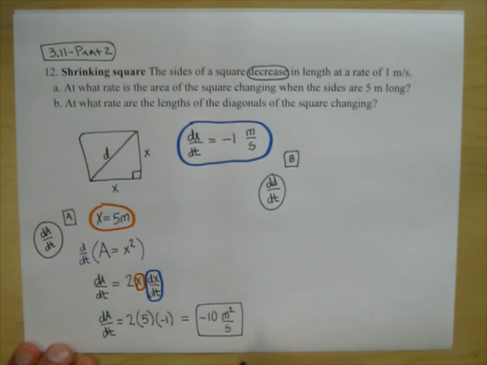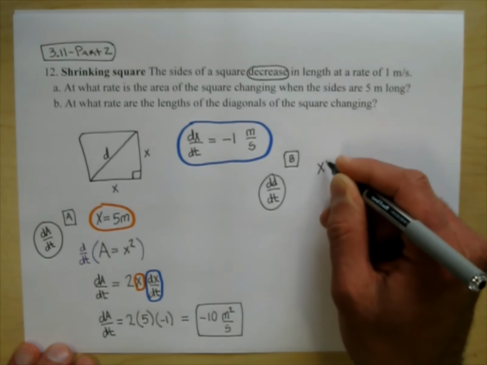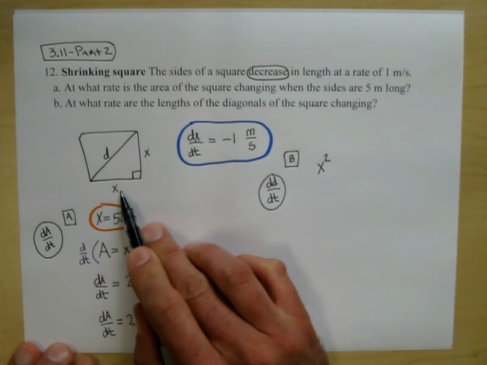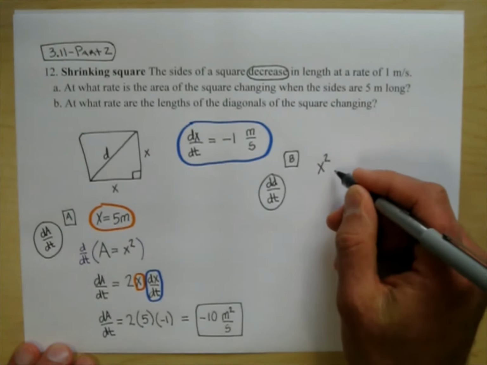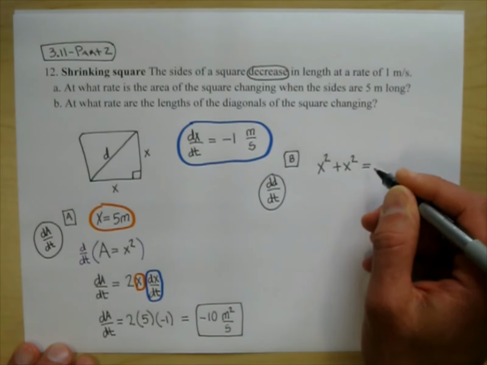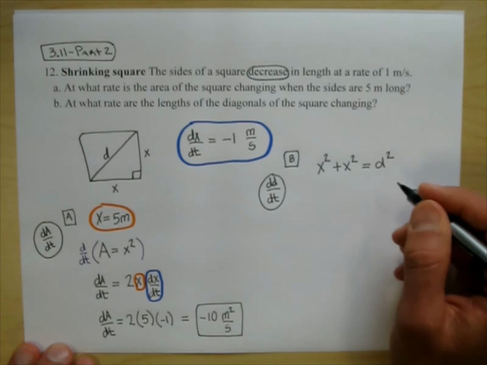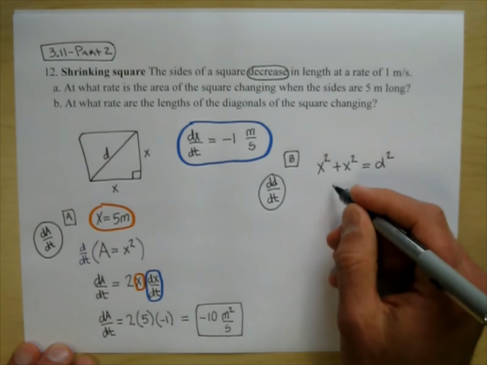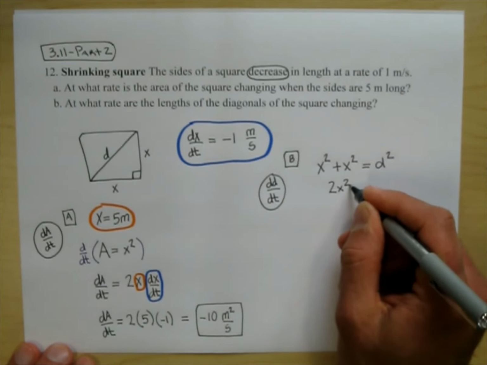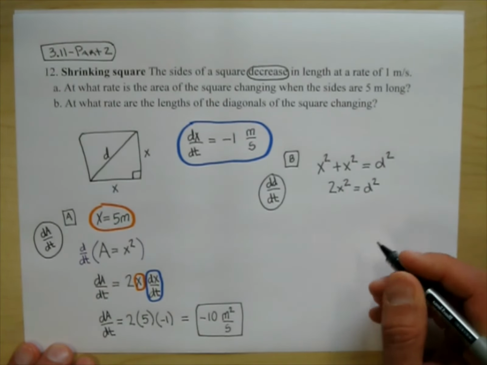So we'll use the Pythagorean Theorem, which says x squared plus x squared equals hypotenuse squared. So this is d squared. So what I have is 2x squared equals d squared, and I'll switch it around here.